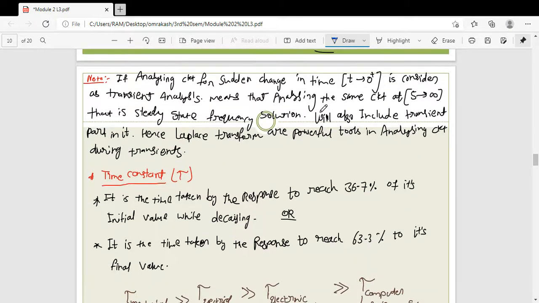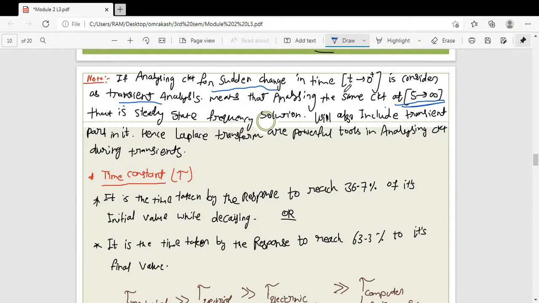Now one more thing: if analyzing the circuit for a sudden change in time, t plus is considered as a transient state, right? It means analyzing the same circuit as s tends to infinity. Now see, this is s domain analysis. When you do transient analysis at t plus in the time domain, it is equal to s tends to infinity in the s domain.